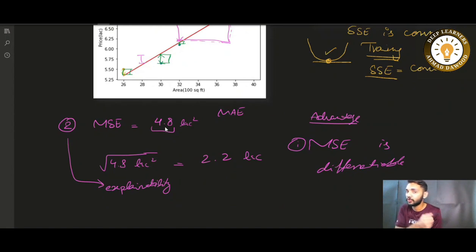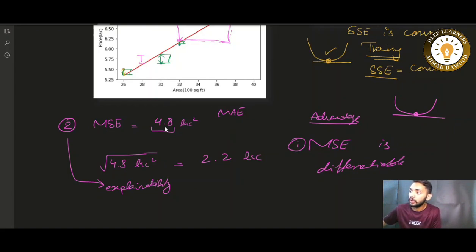Now maybe some of you have a question in your minds: mean square error we have discussed here, but during the training process we are using sum of squared error. Why? I told you last time also that in training we are not actually checking how to explain the error of the model. The purpose in training is usually to get a minimum error, to get the parameters that are at the minimum position.